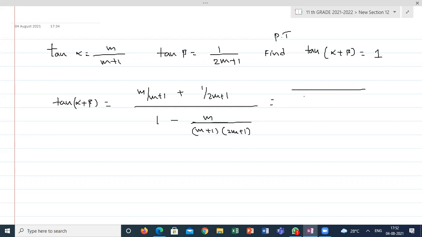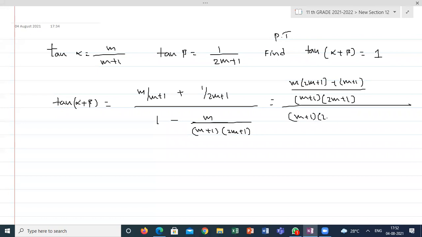So the LCM is m plus 1 into 2m plus 1. So m into 2m plus 1 plus 1 into m plus 1, divided by m plus 1 into 2m plus 1 minus m, all divided by m plus 1 into 2m plus 1. So that cancels.